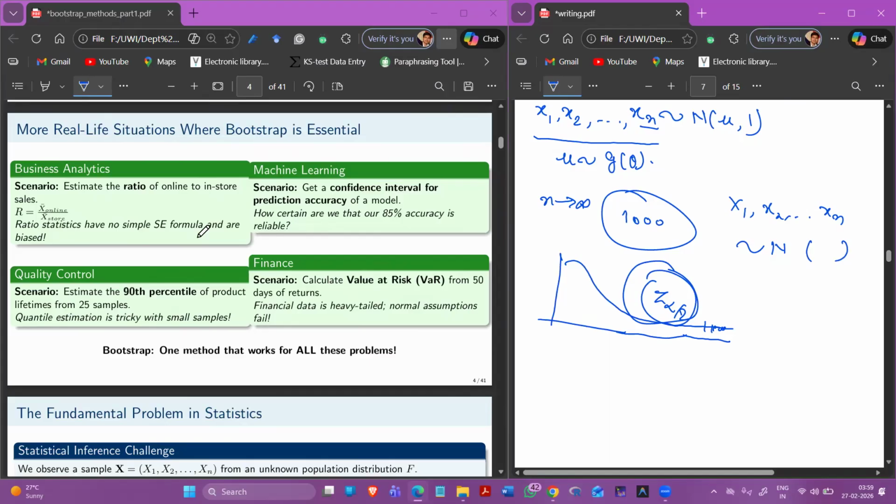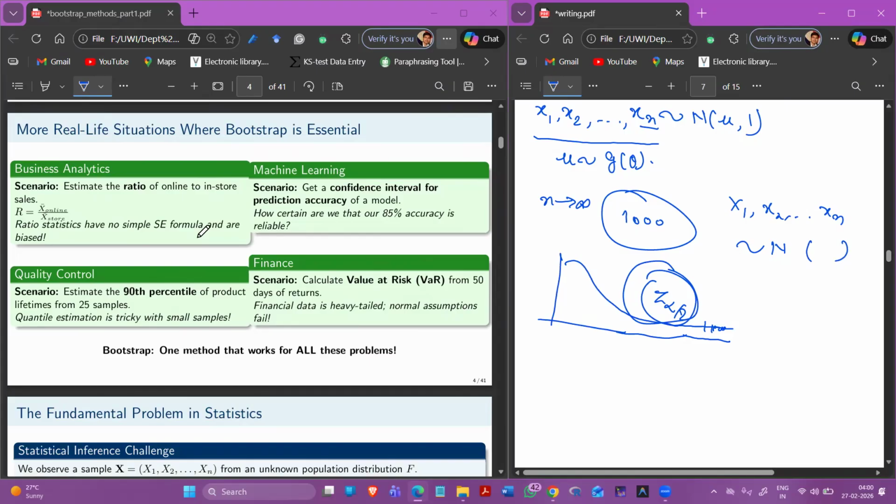The fourth one is the finance scenario of calculating the value at risk. Maybe you don't know about that. We study value at risk in actuarial science, when we deal with claims, life insurance, or medical insurance. From 50 days of returns, financial data is heavy tailed and normal assumptions fail here, because actuarial science data is always heavy tailed.